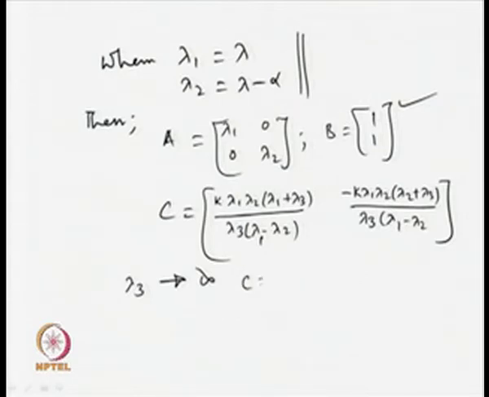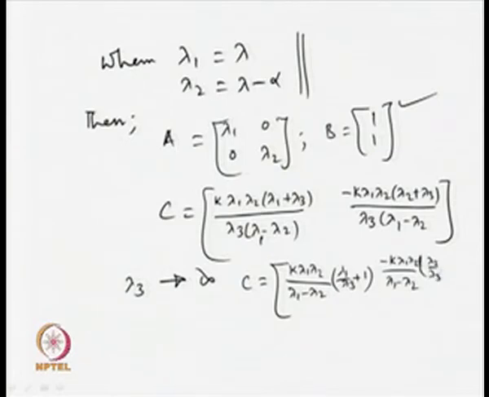C becomes k lambda 1 lambda 2 upon lambda 1 minus lambda 2 times 1 upon (lambda 1 upon lambda 3 plus 1), and the second term will be similarly minus k lambda 1 lambda 2 upon lambda 1 minus lambda 2 with (lambda 2 by lambda 3 plus 1) in the denominator. As lambda 3 tends to infinity, this will be 0 and similarly this will be 0.